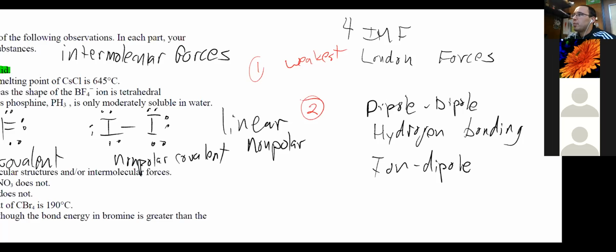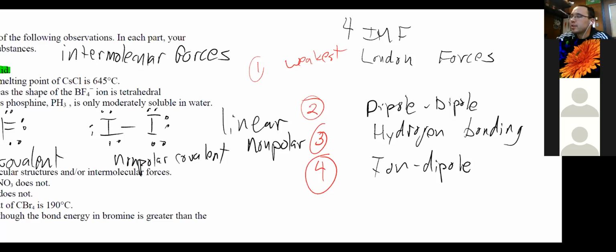And then where do hydrogen bonds fit in compared to an ion dipole? They're not as strong as ion dipole, but they're the strongest otherwise. Very good. So hydrogen bonds are the strongest of our other intermolecular forces, right?